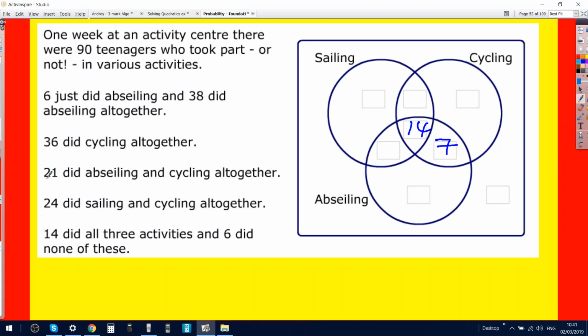For abseiling and cycling, it was 7. And for sailing and abseiling, I don't think it says. Okay, so what can we do then? You could work out how many people did sailing and cycling, which is 10. Yeah, so that's 10.